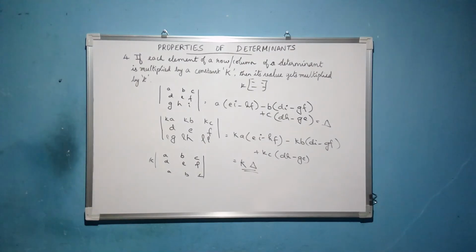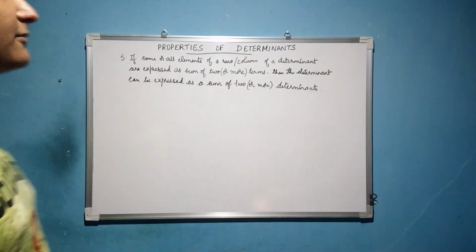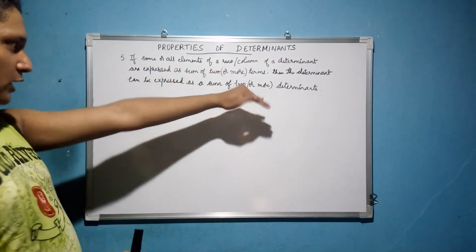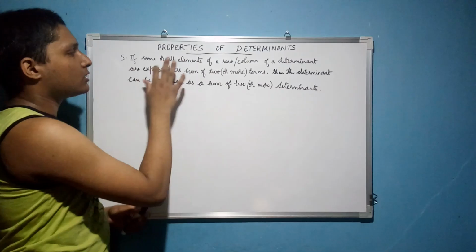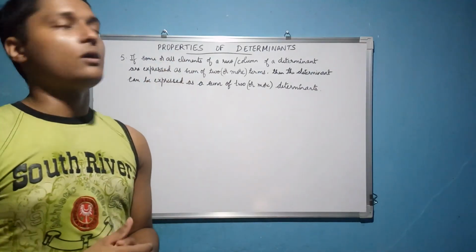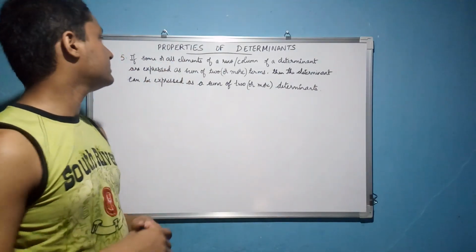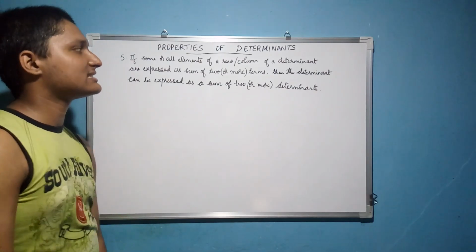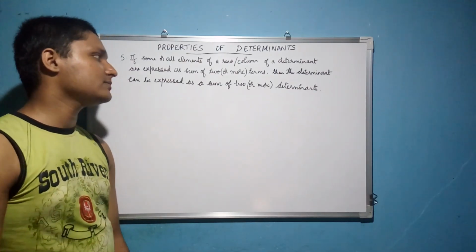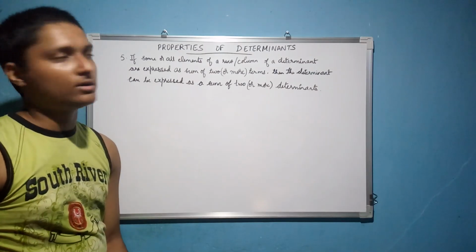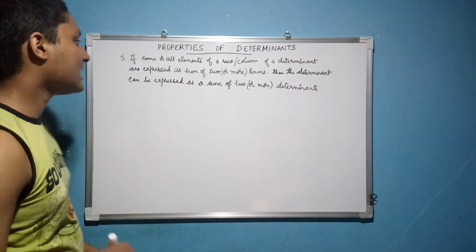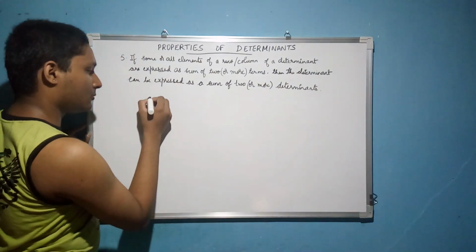Now we'll move to the fifth property. The fifth property is a little bit long and it is simple to understand, but it is big. If some or all the elements of a row or a column of a determinant are expressed as a sum of two or more terms, then the determinant can be expressed as a sum of two or more determinants. I'll just tell you simply what it means.